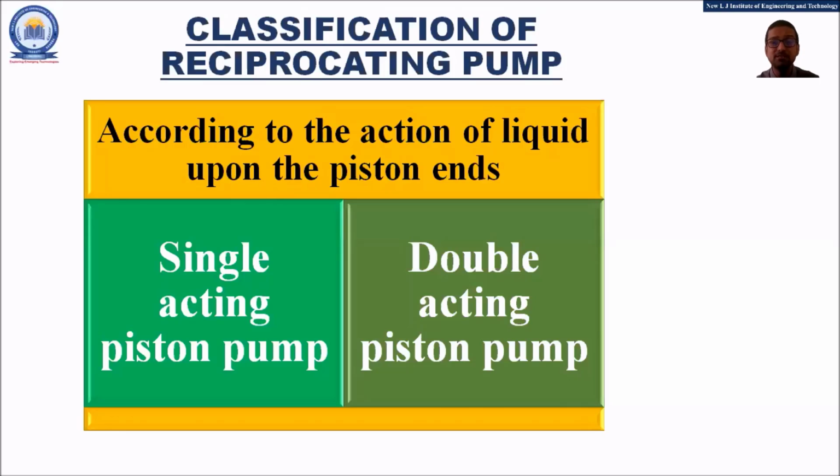Hence, this pump is known as the single acting piston pump. And when we consider the double acting piston pump, the action of the liquid will be on both the sides of the piston.